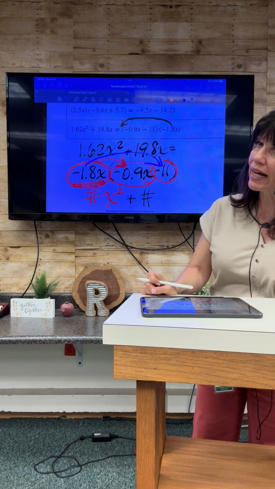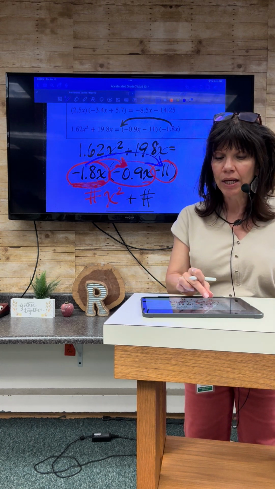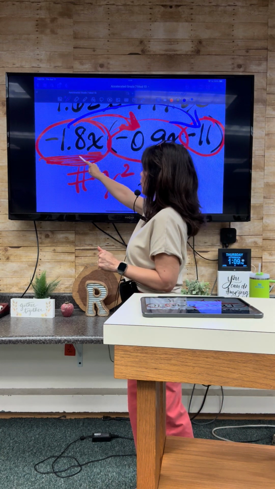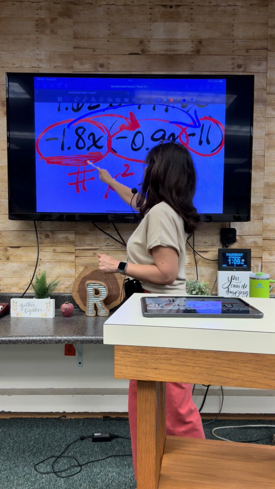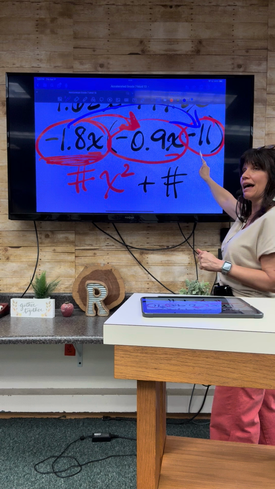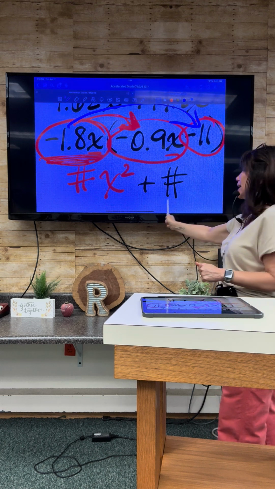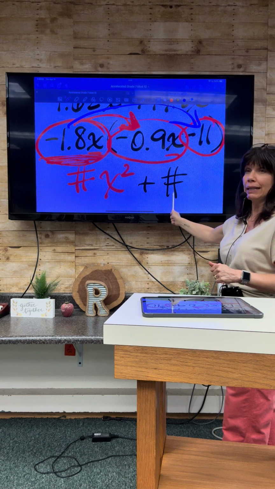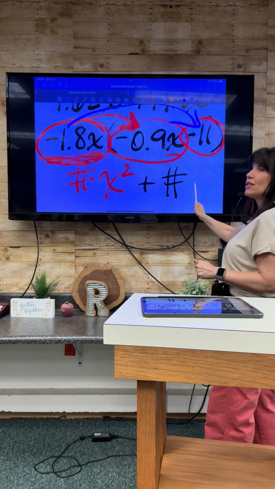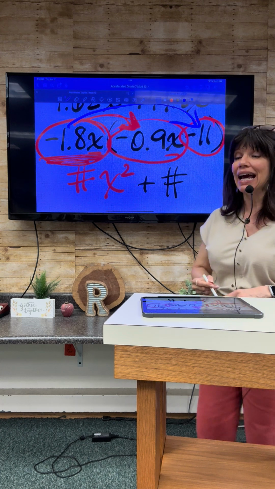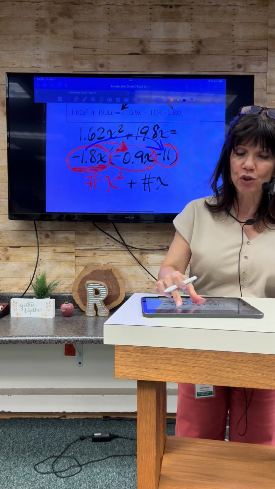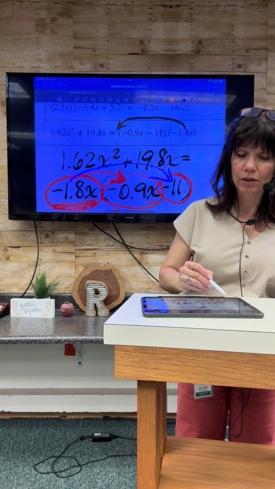I'm hearing some people say no, and I'm very curious about that, because we just agreed we were going to multiply negative 1.8x times negative 11. So would I be correct if I only wrote a number here? No. I need that number, but what needs to go beside it? X. Thank you.